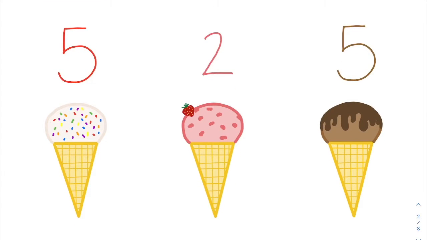So let's say you surveyed your class about what their favorite flavor of ice cream was between the options of vanilla, strawberry, and chocolate. 5 students said that they liked vanilla best. 2 chose strawberry, and another 5 students chose chocolate. We can use mean, median, and mode to analyze this set of numbers.